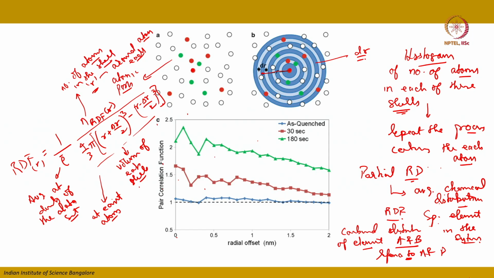This is the combined distribution of elements A and B with reference to both A and B.